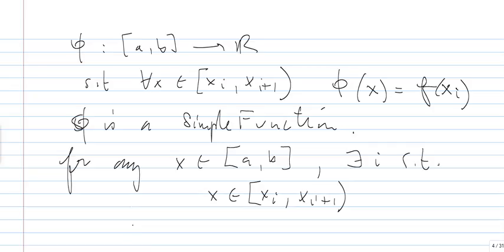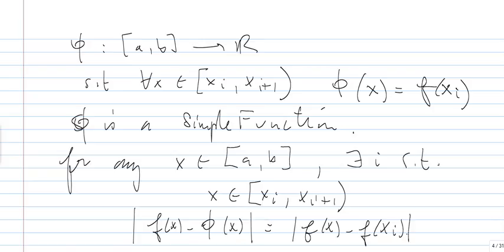Then we have the absolute value of f(x) - phi(x) equal to |f(x) - f(xi)| by definition of phi(x). And since |xi - x| is less than delta bar, less than delta, this will be less than epsilon. So this is for every x in [a, b], and this will give you a uniform approximation as such.